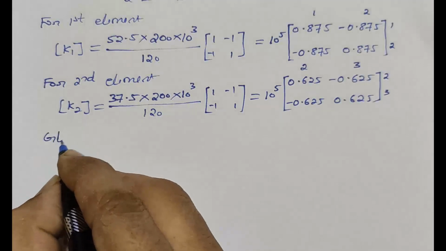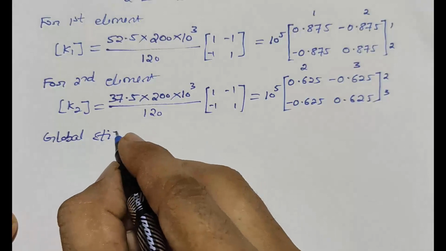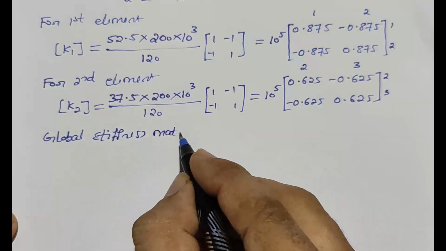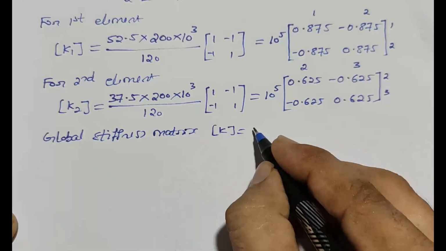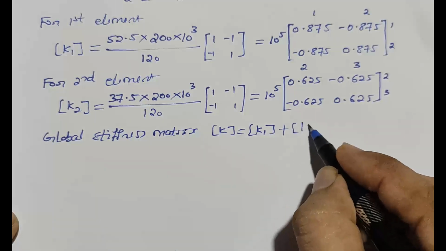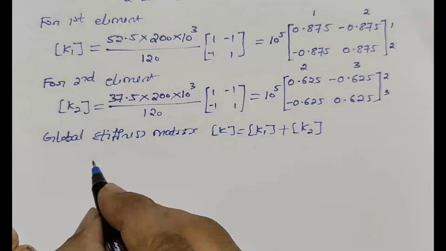Next is the global stiffness matrix. Global stiffness matrix K is equal to K1 plus K2. There are 3 nodes, therefore the order of the global stiffness matrix will be 3 cross 3.